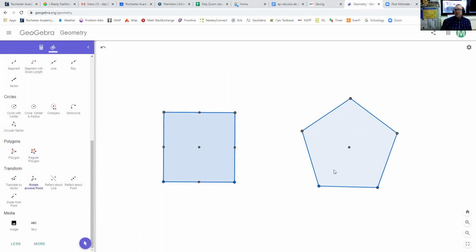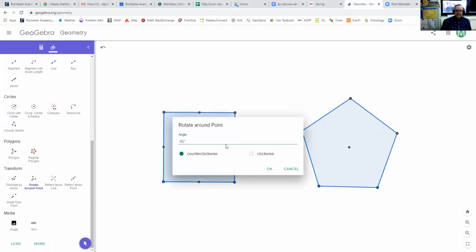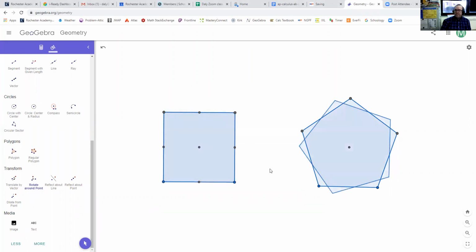Okay, we can also look at a symmetry in this pentagon over here, but this one is a little bit more complicated. If I rotate this figure around the center point by, again, 90 degrees, you're going to see it doesn't line up. So what is the correct amount to rotate by to have it come out correctly?